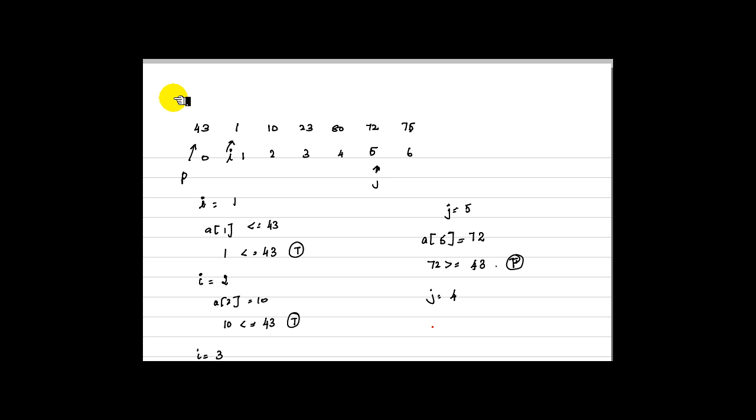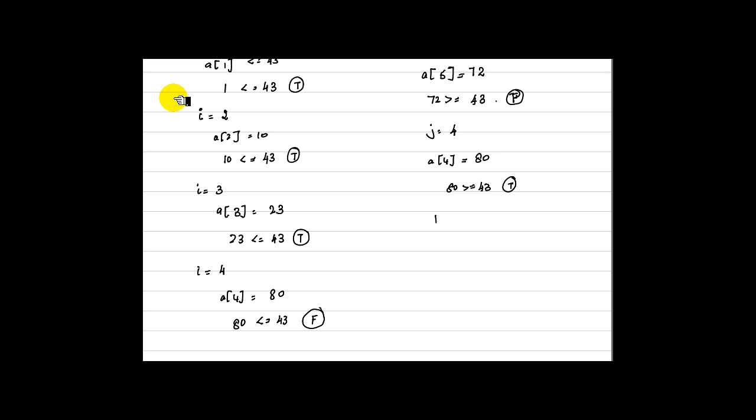J is equal to 4, and a of 4 is 80. So it checks 80 greater than or equal to 43. The condition is true. Hence j gets decremented to 3. It checks a of 3, which is 23. Is 23 greater than or equal to 43?